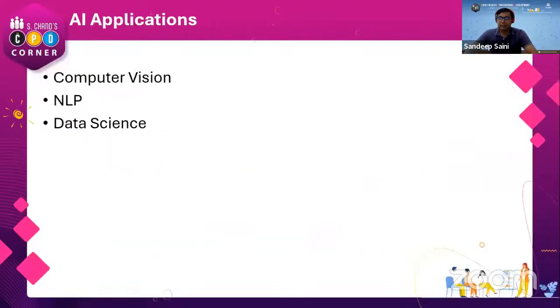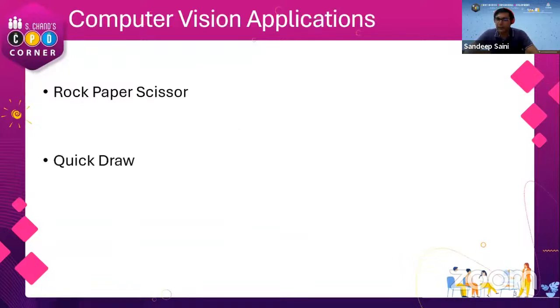So the first thing, as we said, is that there are three main applications. I hope the screen is visible now. There are three main applications: computer vision, NLP, and data science. And we'll pick activities from these applications only.